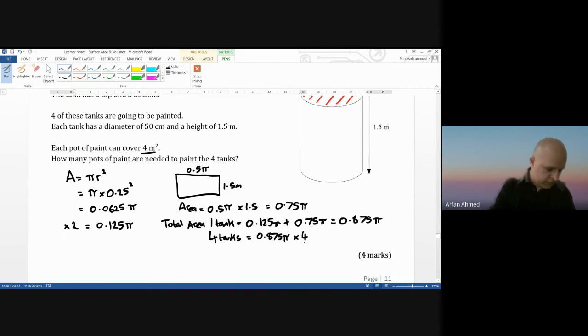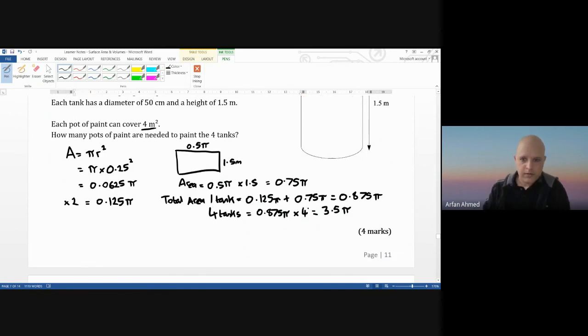Let's times that by 4. 3.5 pi. Okay. So in fact, when you multiply by 4 and then divide by 4, because we need to divide by 4 because each pot of paint can cover 4 meters squared, how many 4s go into that? We're going to get 0.875 pi again.